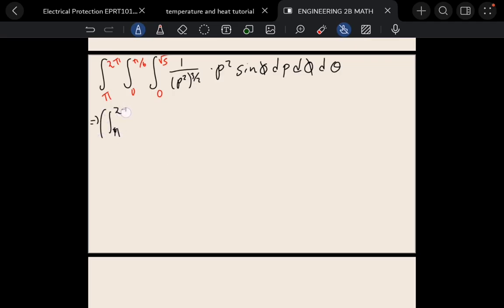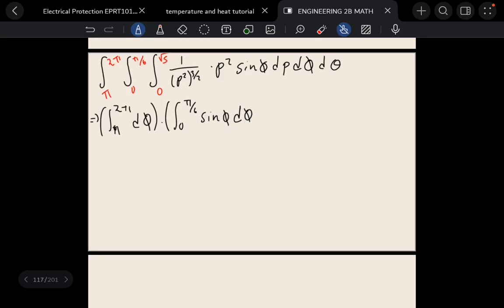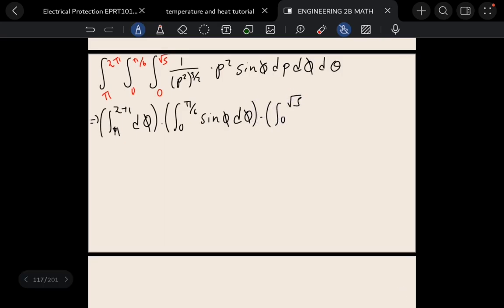Pi to 2 pi, the phi, 0 to pi over 6, which is sine phi d phi, times 0 to root 5, 1 over rho d rho.